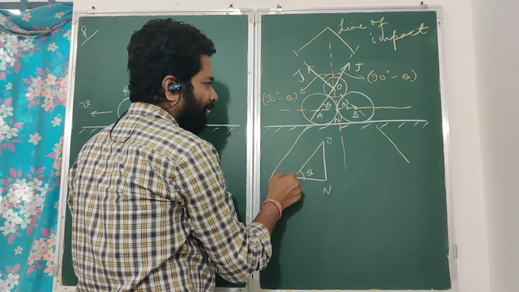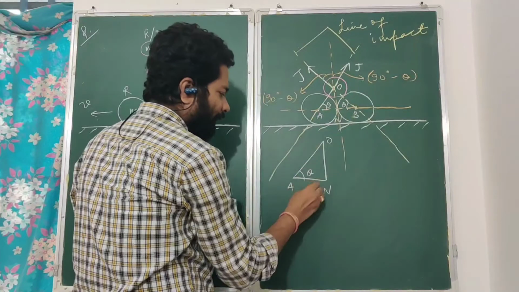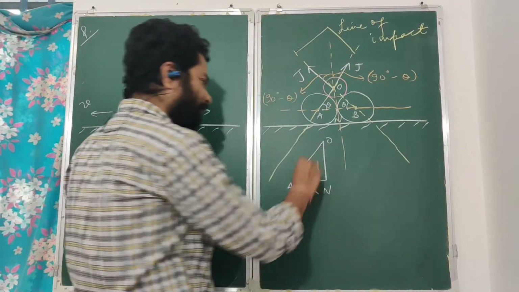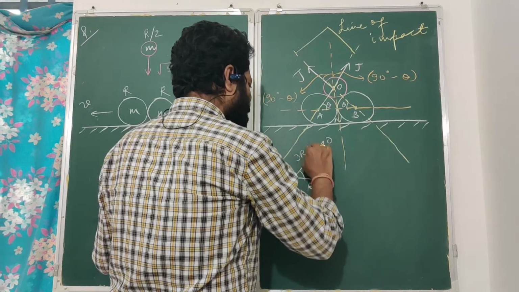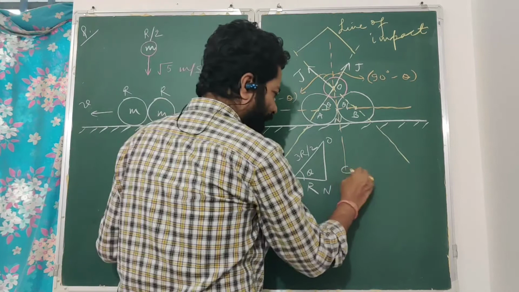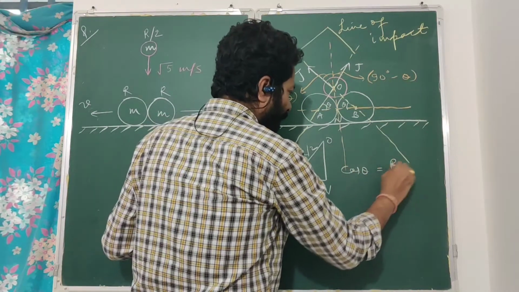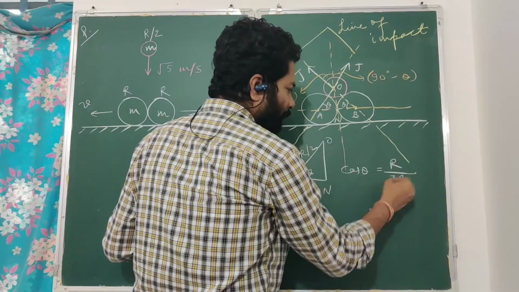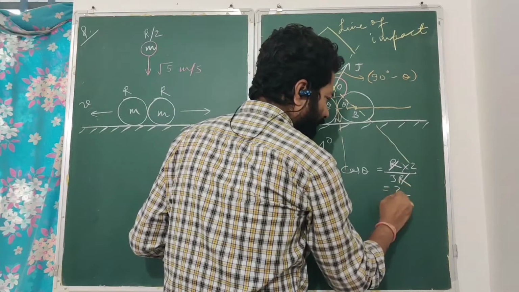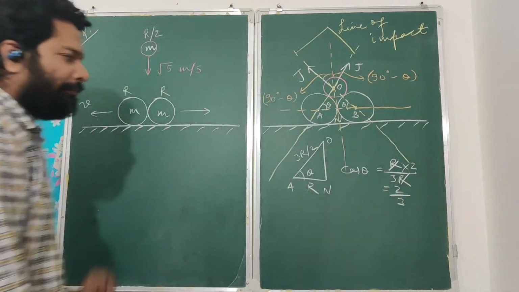Now what is this distance? This is r. What is this distance? R plus r by 2. So this is 3r by 2. So now we can write cos theta equal to r by 3r by 2. So cos theta you will get as 2 by 3.